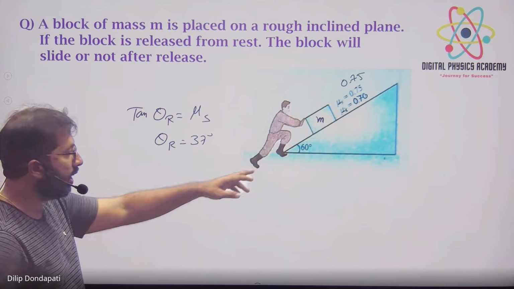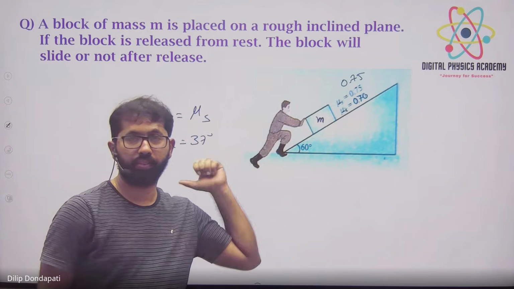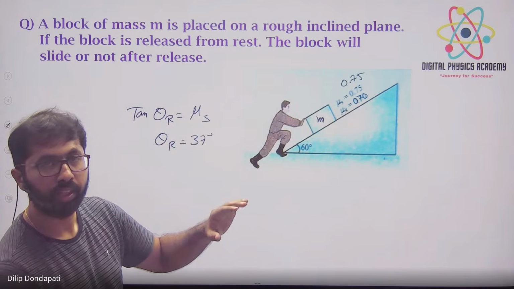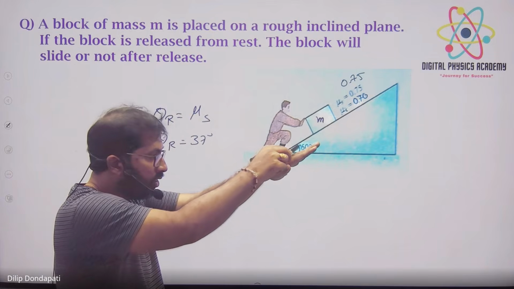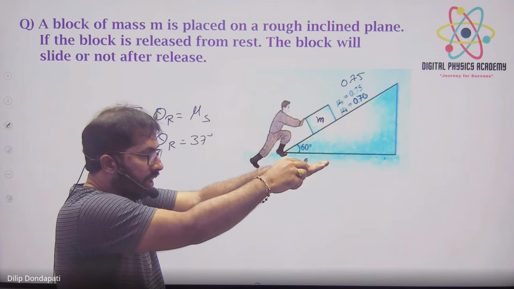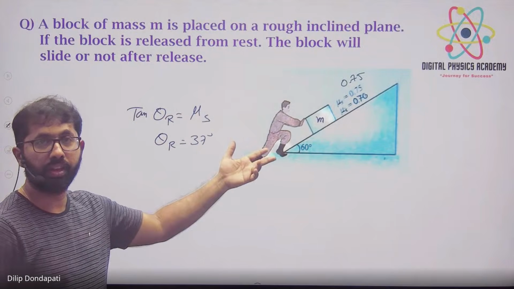This theta, whatever it is, is greater than the angle of repose, so it will definitely slide. If the angle is greater than the angle of repose on an inclined plane, it slides. At the angle of repose of 37 degrees it will not slide exactly, but if it goes even 1 degree beyond 37, it will start sliding. So after this, if they ask us to find the frictional force, we don't use limiting friction. Kinetic friction we have to calculate. Okay.